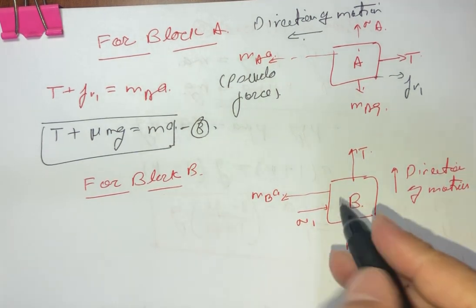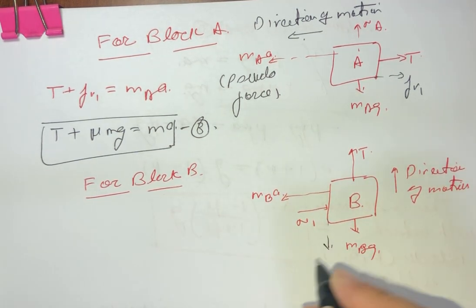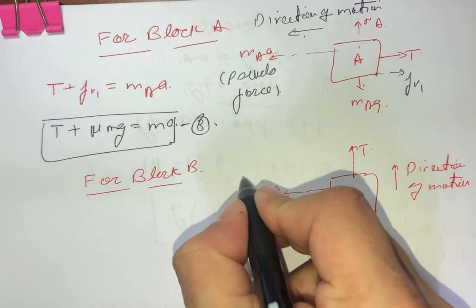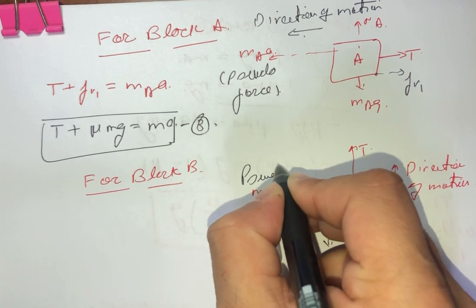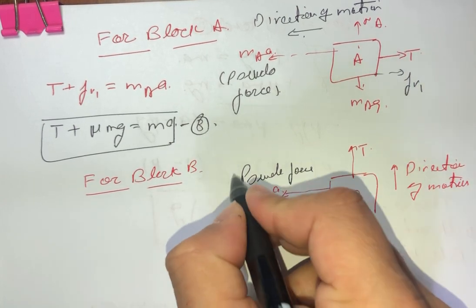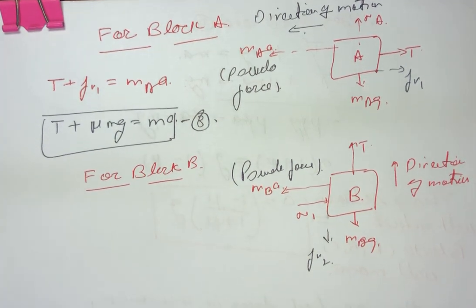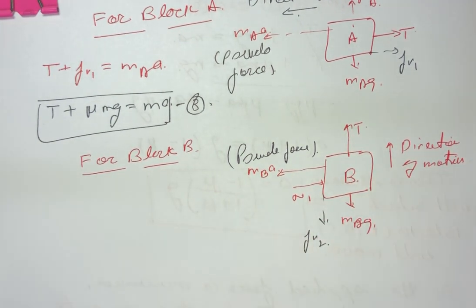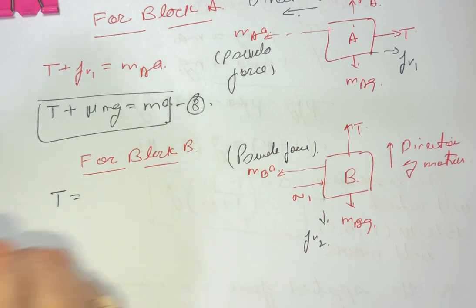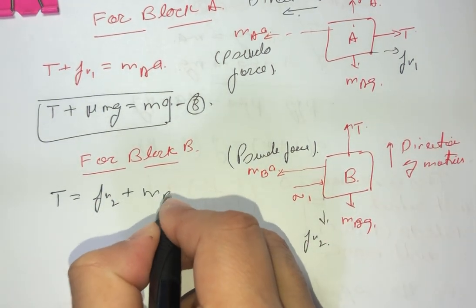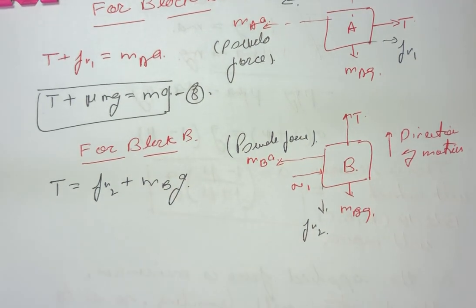So because of that, now the friction Fr2 will be acting in downward direction. Okay, so this is a pseudo force. So we can write the equation as T is equal to Fr2 plus MBG.